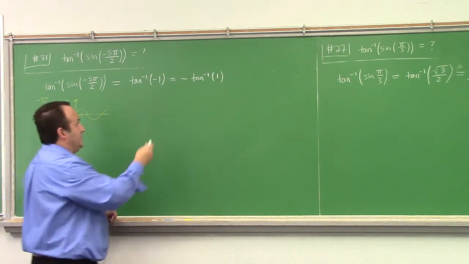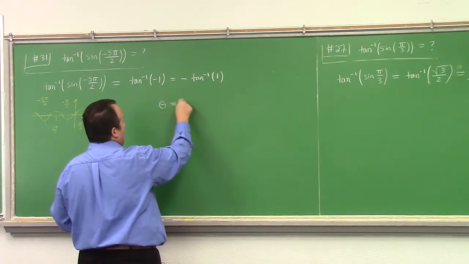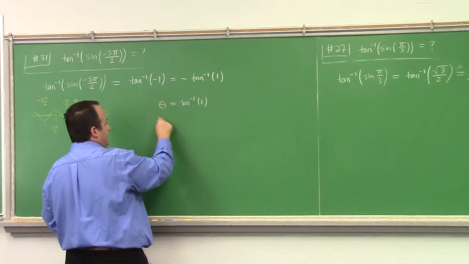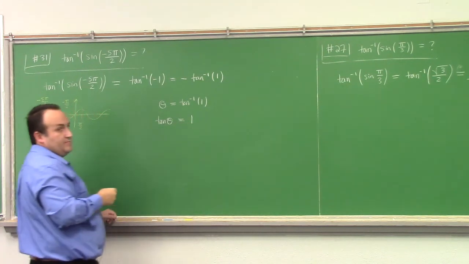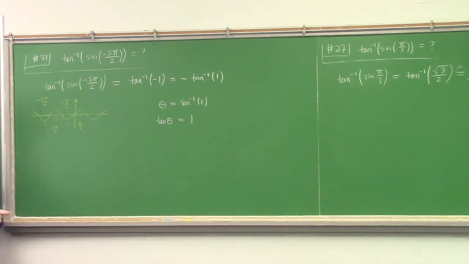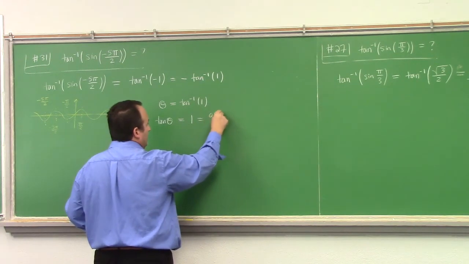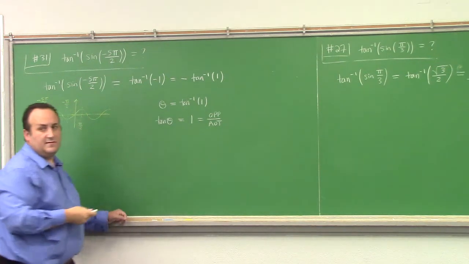So let's think about this. If you have theta equals inverse tangent of 1, what does that mean? That means the tangent of theta is equal to 1. What is tangent? Tangent is opposite over adjacent. So what kind of triangle has opposite over adjacent equal to 1?